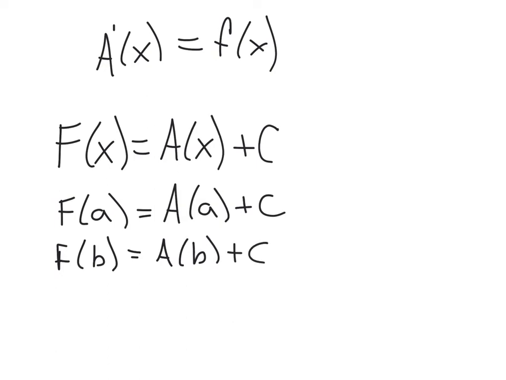And remember, when we're evaluating our area function at the very first endpoint, there is no area there. So we get 0 plus c, and so really that's just c.